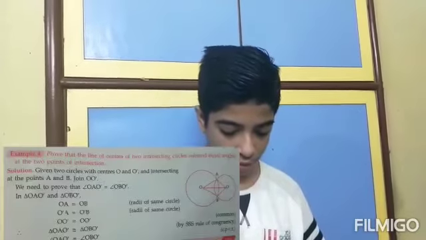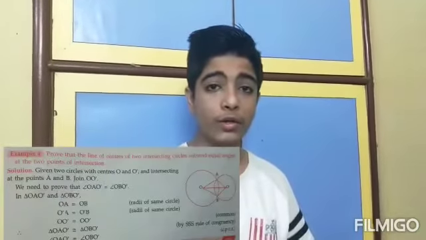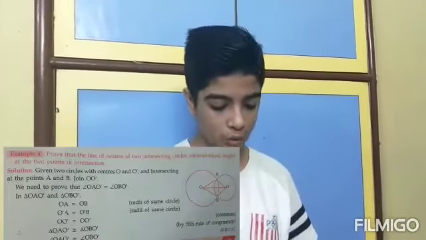Given two circles with centers O and O dash, we have assumed the centers of the circles as O and O dash.